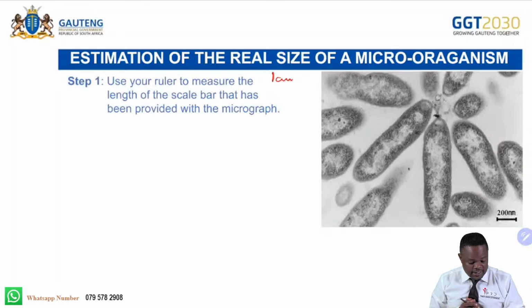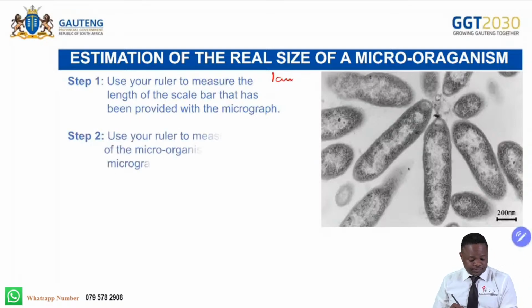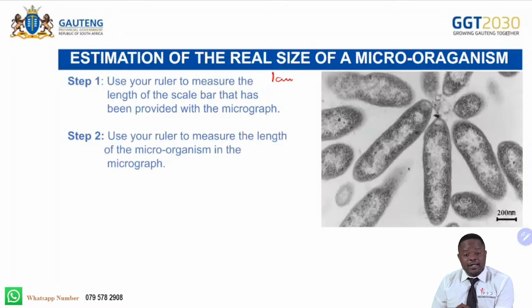And then step number two, you're going to use your ruler and measure the length of a microorganism in the micrograph. Let's say you use your ruler and you measure its length from there to there. Right, let's say you get a length of 5 centimeters. Take note of that.